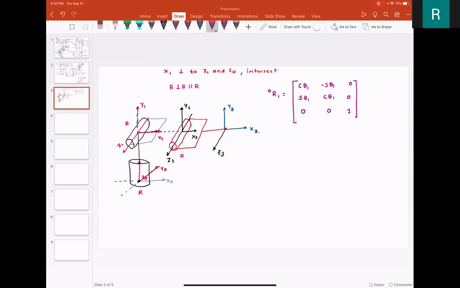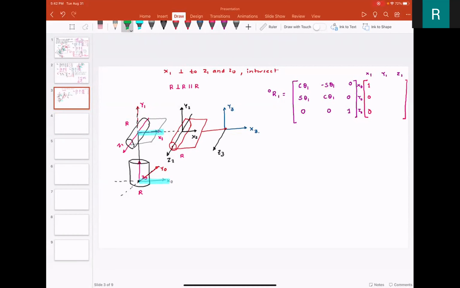However, you must be super duper careful on the projection matrix. This is the projection of x1, y1, z1 onto x0, y0, z0. Now, for a minute, I want you to think about it. X1 is in the same direction as x0.